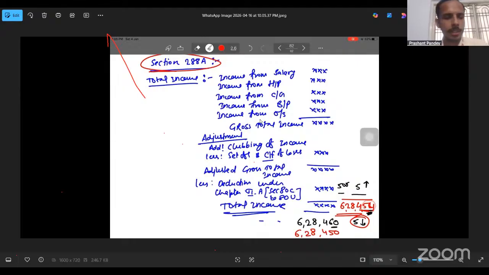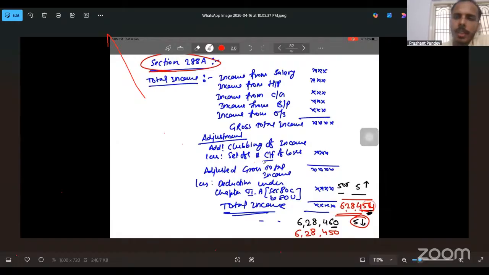Determining the residential status is essential when we look at the computation of total income. We have resident and ordinary resident, resident but not ordinary resident, and then non-resident. Now, how is this residential status determined?